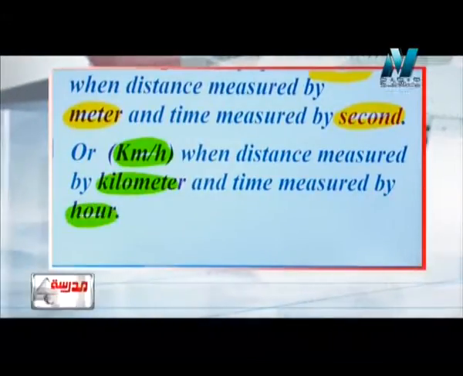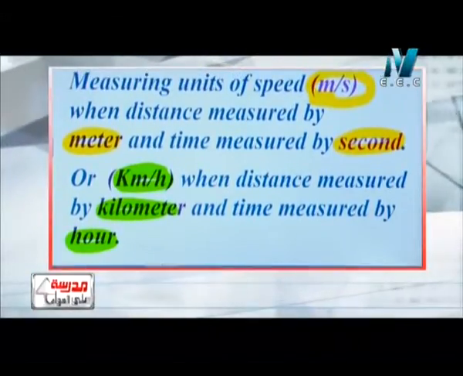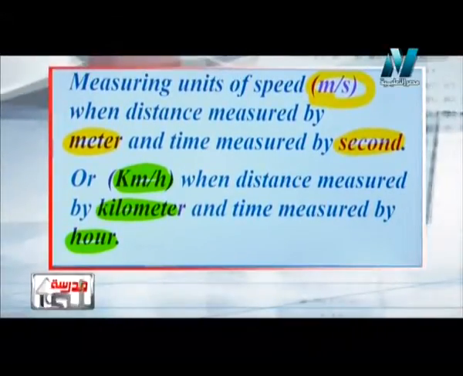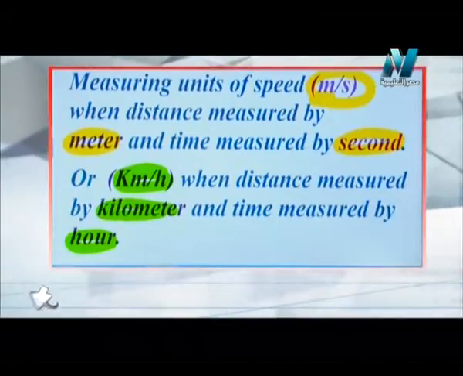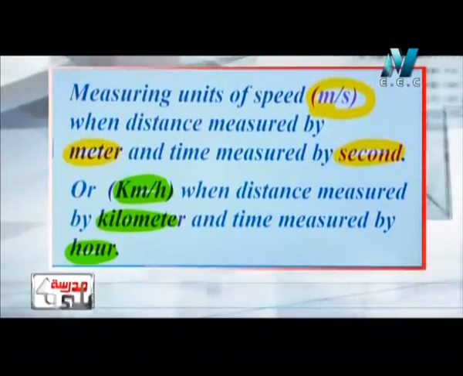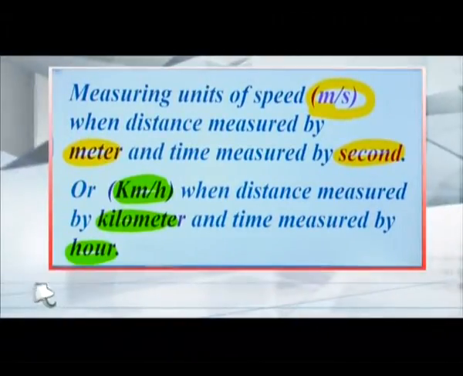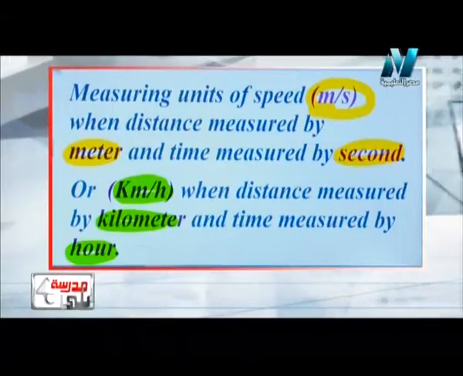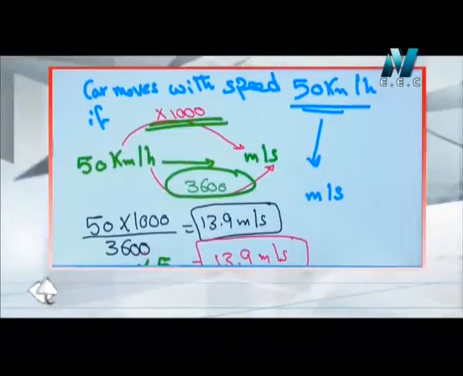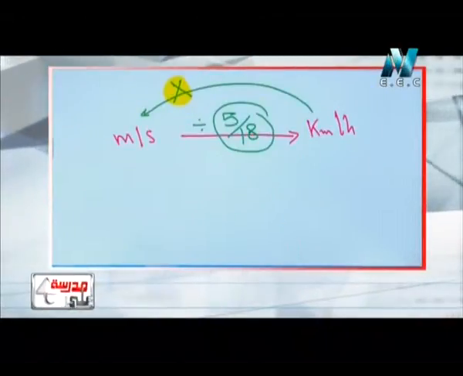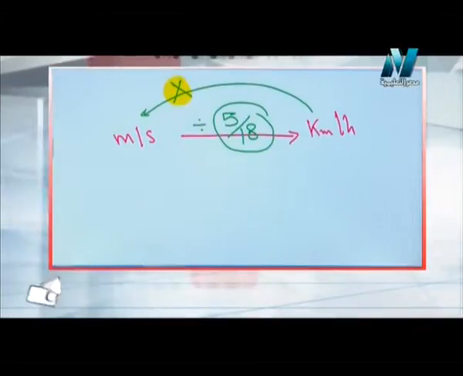We can't mix between meter and hour or kilometer and second. We use the constant measuring units of distance, time and speed at the same time, as we did in this problem to convert between meter per second and kilometer per hour and vice versa.